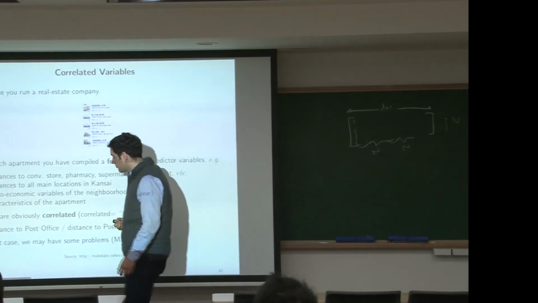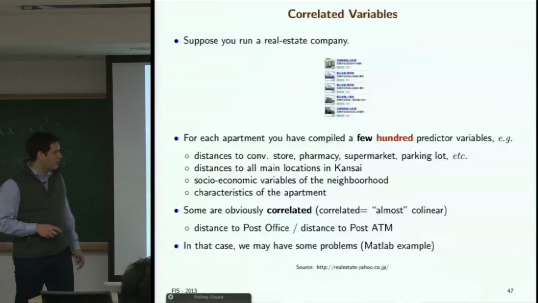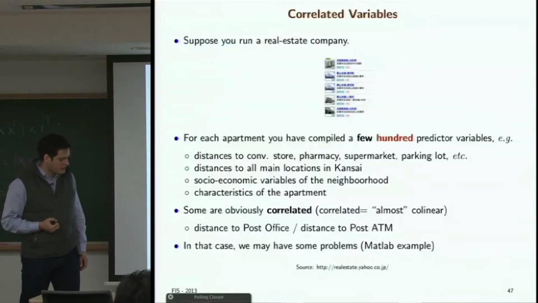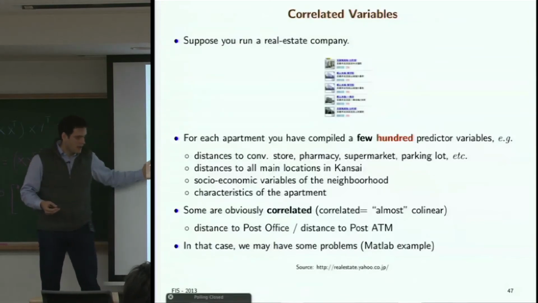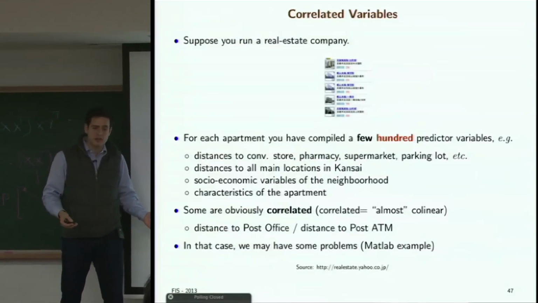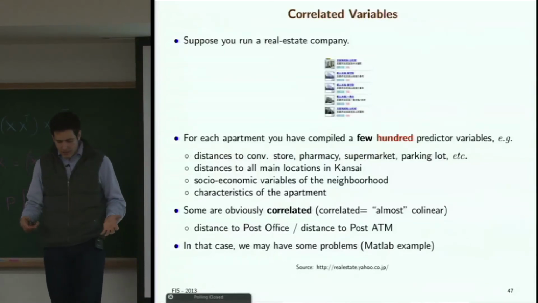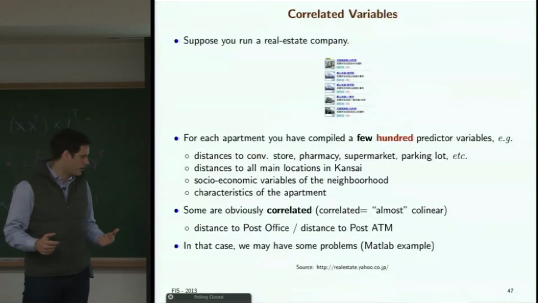And so actually I just gave you the example for this. Another example of this kind of setting is when you run a real estate agency and you collect a lot of variables, a few hundreds of them, and then some of them might be correlated. So you have so many variables actually that they might be correlated.